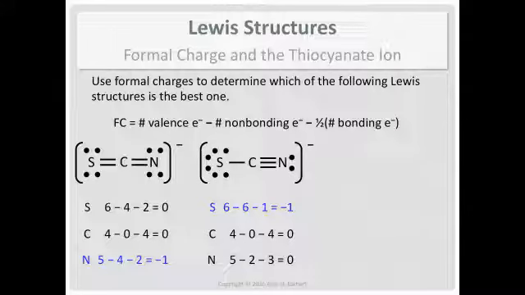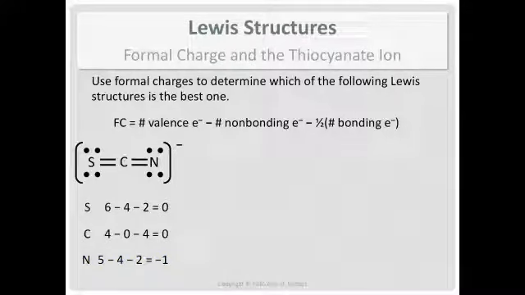So take a look at your electronegativity table and see which of those two atoms has the greater electronegativity. Well, that would be nitrogen. Nitrogen's electronegativity is greater than that of sulfur. Therefore, the leftmost structure is the best Lewis structure out of those three.